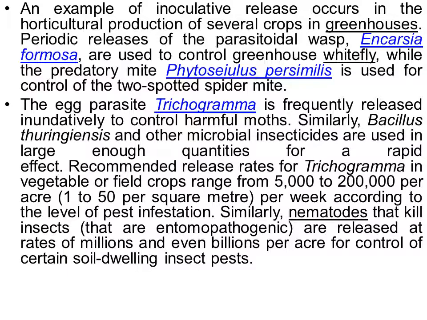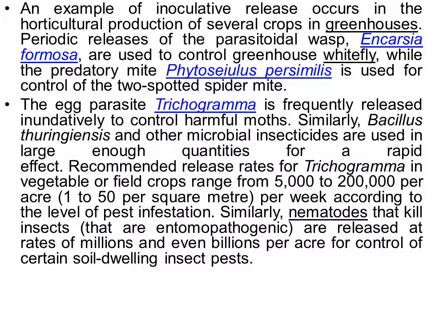An example of inoculative release occurs in the horticultural production of several crops in greenhouses. Periodic releases of the parasitoid wasp Encarsia formosa are used to control greenhouse whitefly, while the predatory mite Phytoseiulus persimilis is used for control of the two-spotted spider mite.